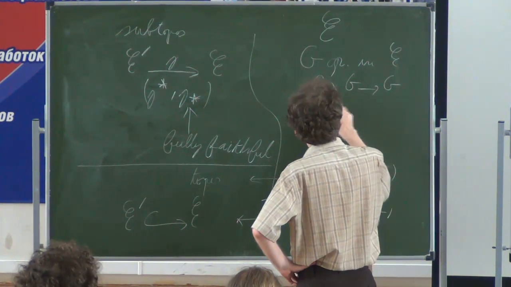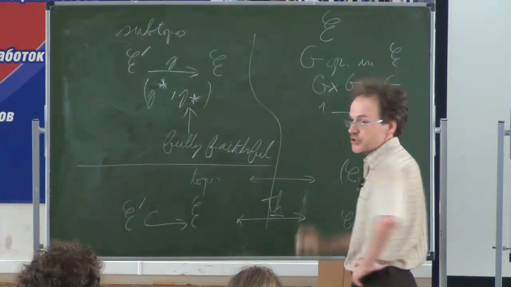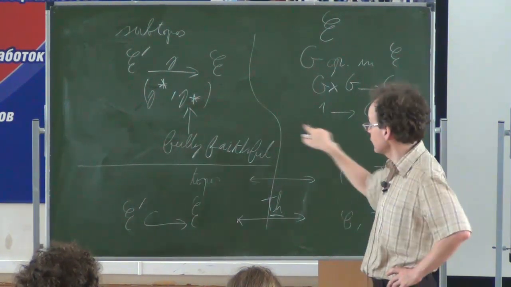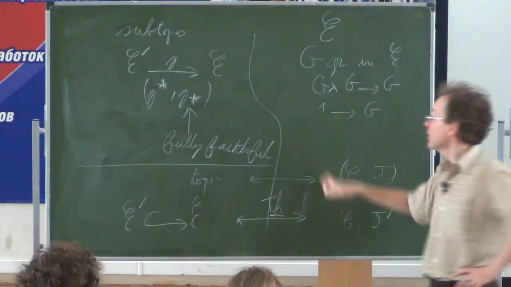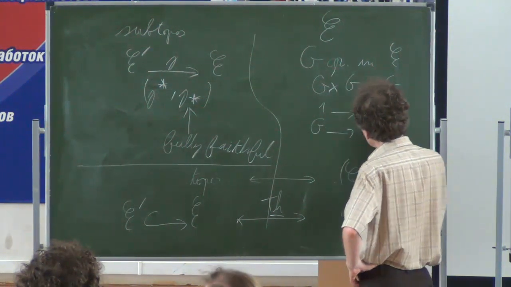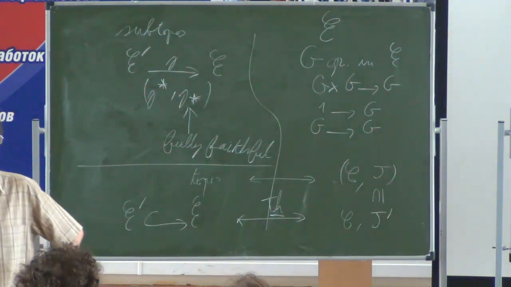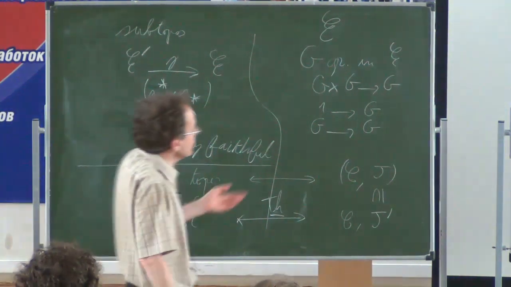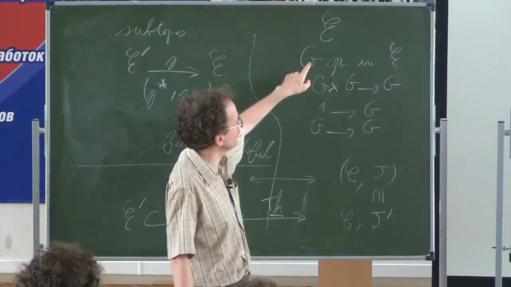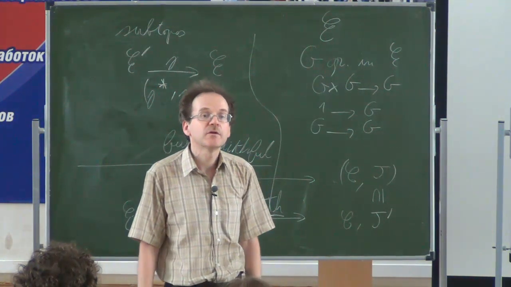The unit element is a morphism from the final object to G. One denotes the final object, and you also have an inverse, a morphism which allows you to invert. So it has a meaning to talk about a group object in a topos.